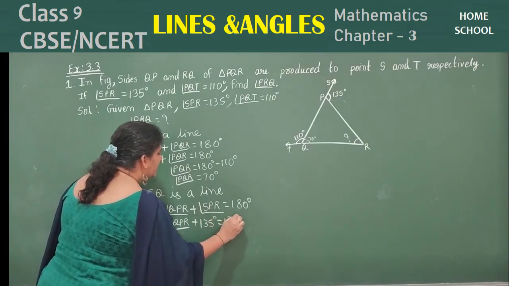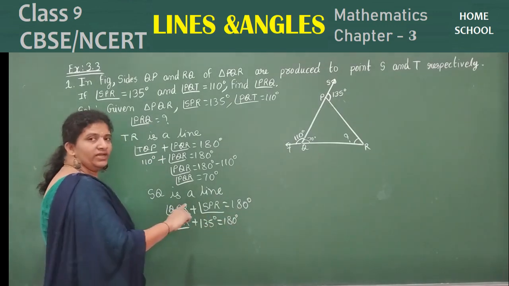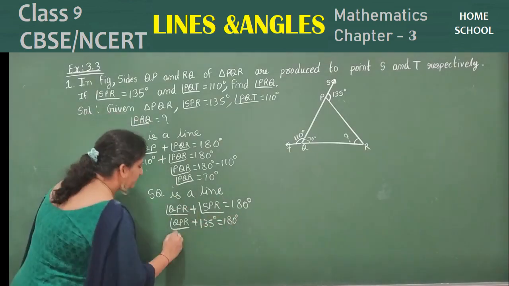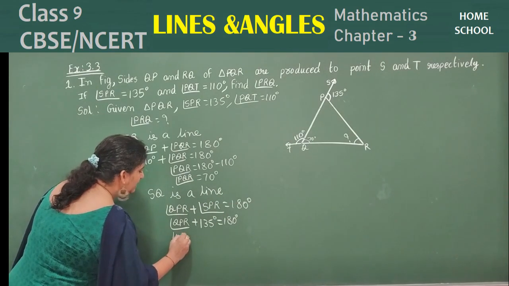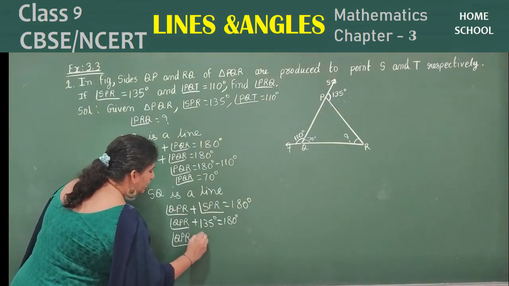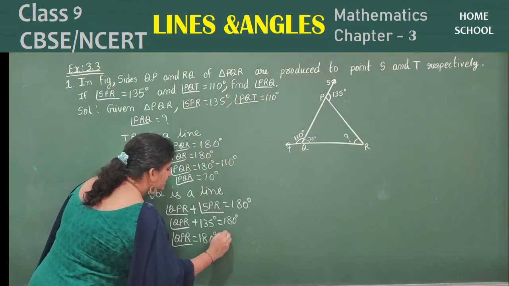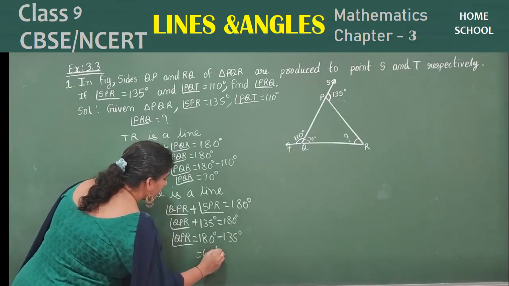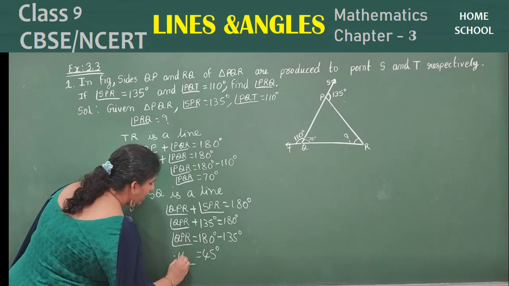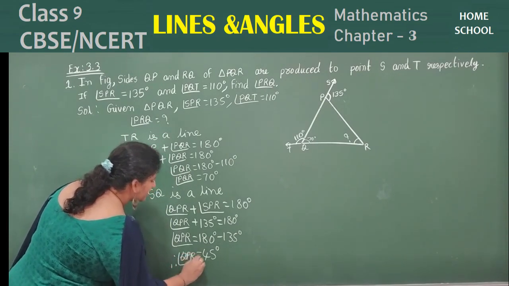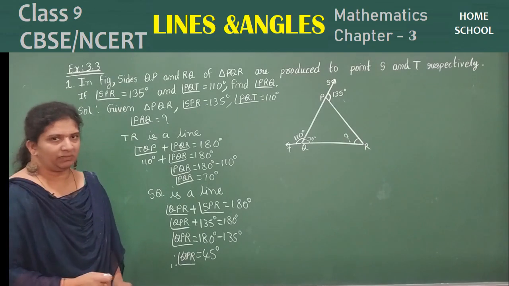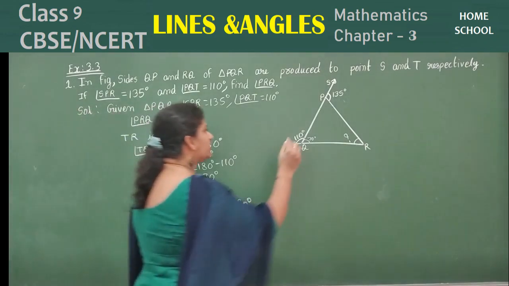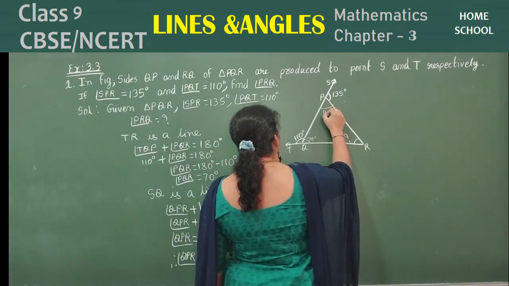Send this 135 degrees to that side, then you need to subtract from 180 degrees. Angle QPR is equal to 180 degrees minus 135 degrees. That will be 45 degrees. Therefore, angle QPR is equal to 45 degrees. So now we got this angle as 45 degrees.